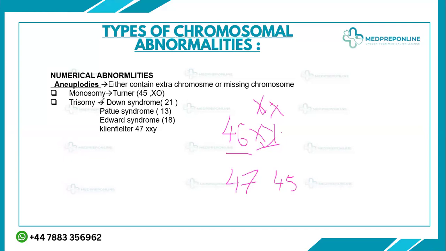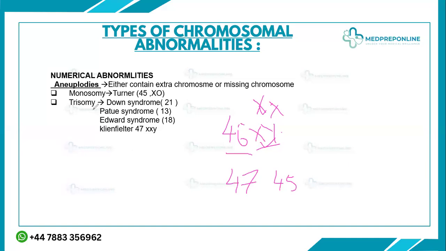Now coming to trisomy. Disomy is the normal thing, where we have XX or XY, but trisomy means that we have three copies of one chromosome. Not even just the sex chromosomes, but the other somatic chromosomes as well. Each chromosome normally has a pair, two copies.